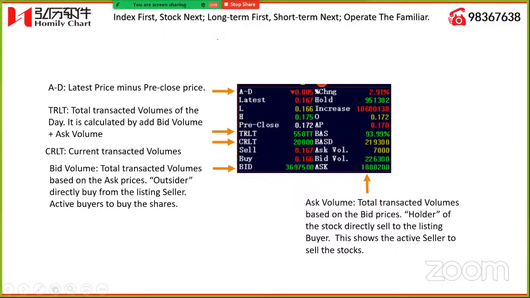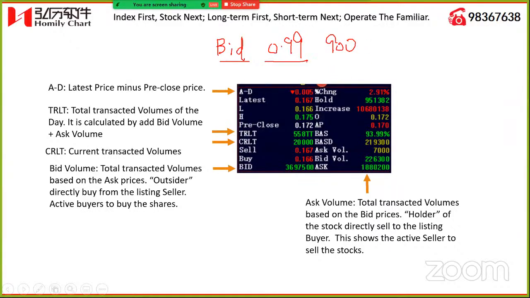So for example, during the day, if some people bid for the stock at, for example, 0.99, some buyer would like to buy the stock at 0.99 price for 900 shares.